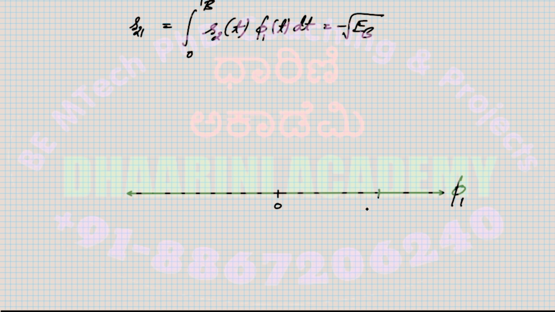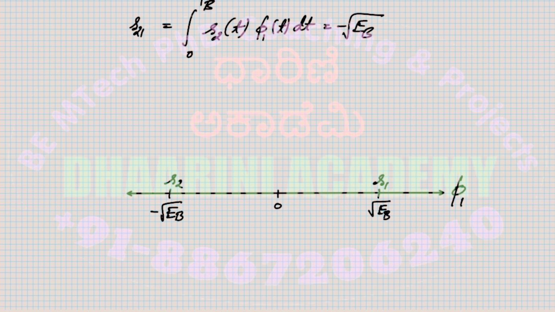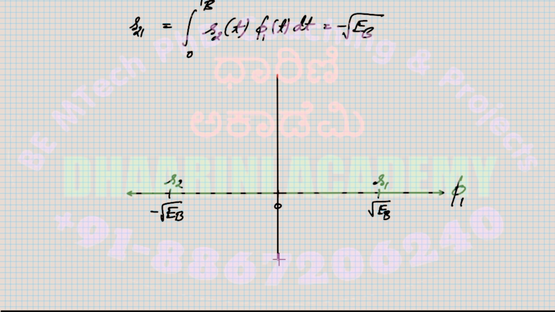Somewhere here, I will represent the first point, that is root EB. Say this is S1. Similarly, on the other side, I'm going to get S2, the symbol corresponding to 0, that will be minus root EB. Now, it's very clear that the decision boundary has to be the 0 point itself. Correct? So this will be the decision boundary.